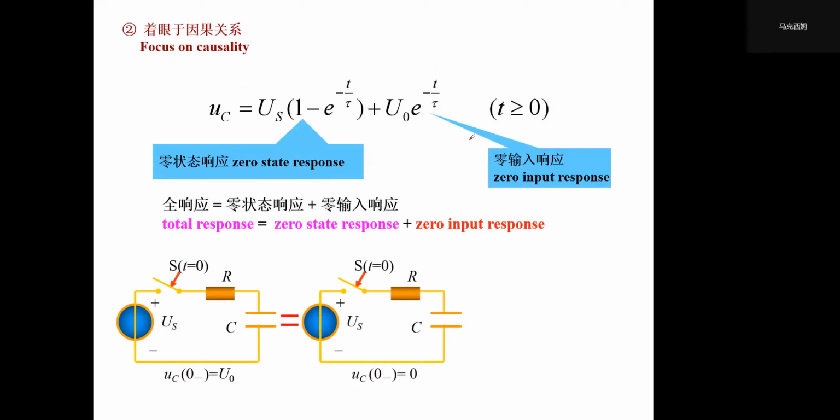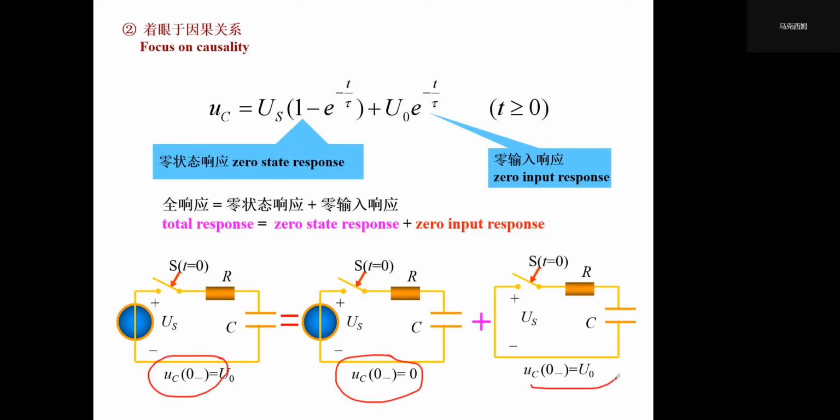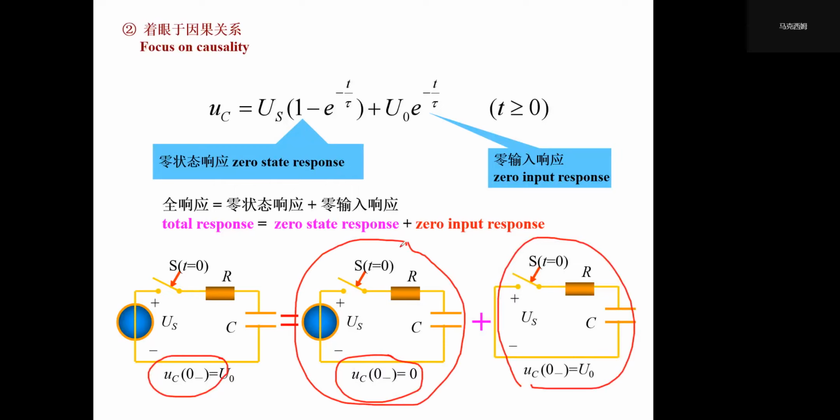For example, we divide this into a zero input, and this is a zero state. Those two combined to be the total response. So this is how we define them.